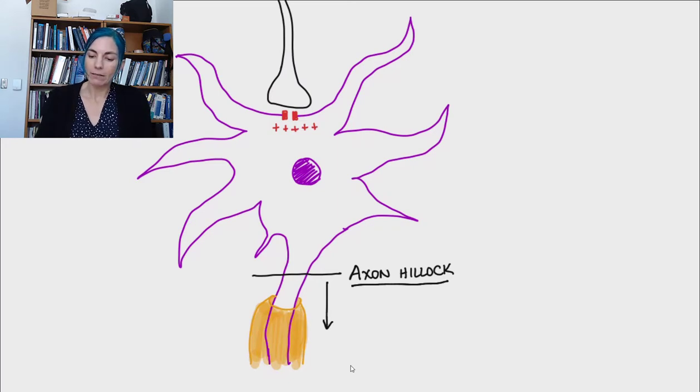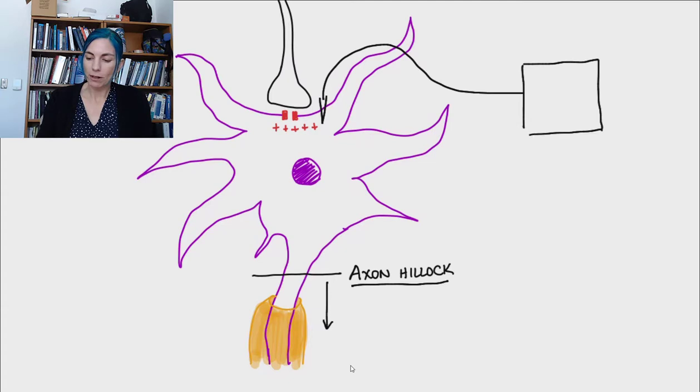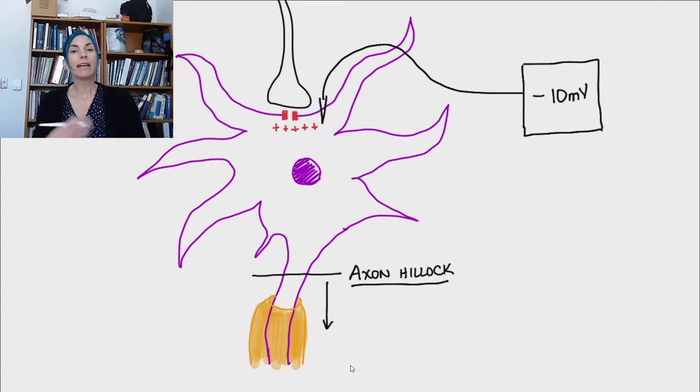And when we take an electrode and we measure the membrane potential at that point, let's say that it's all the way up to minus 10 millivolts. That would be enough to start an action potential if the cell body could do an action potential, but it doesn't. There's no voltage-sensitive gated channels there that permit action potentials. So action potentials do not happen in dendrites, and they do not happen in cell bodies.